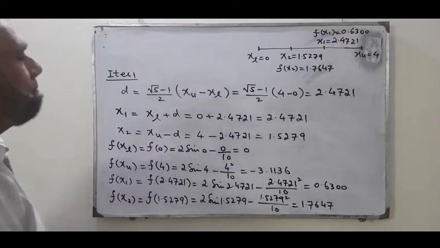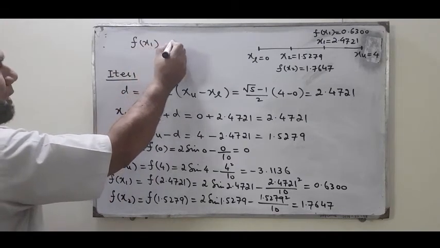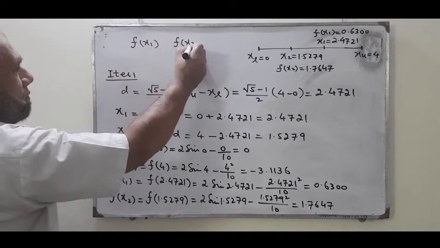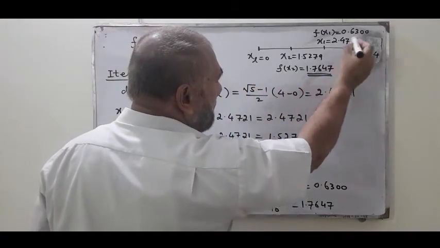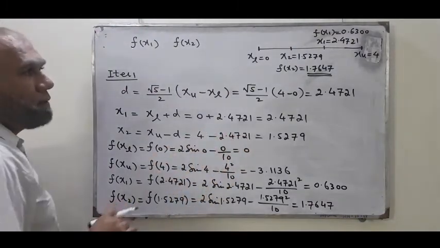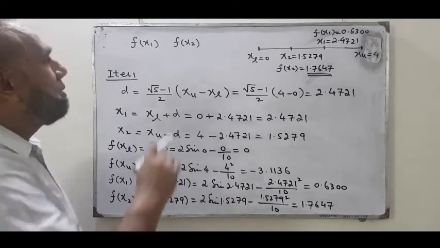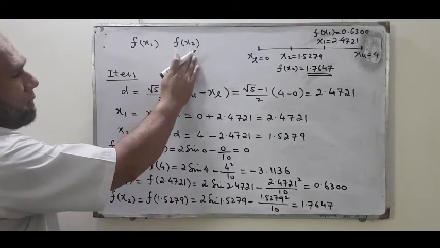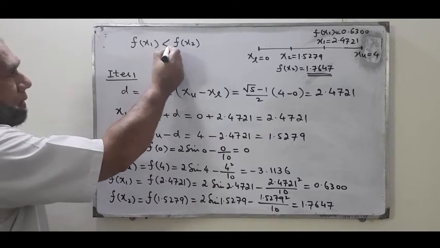Now if you make the comparison of the two function values f of x1 and f of x2, obviously this function value is bigger than the value at x1, because we are looking for the maximum, so we have to check which one is bigger. So in this case f of x2 is bigger than the value at x1.